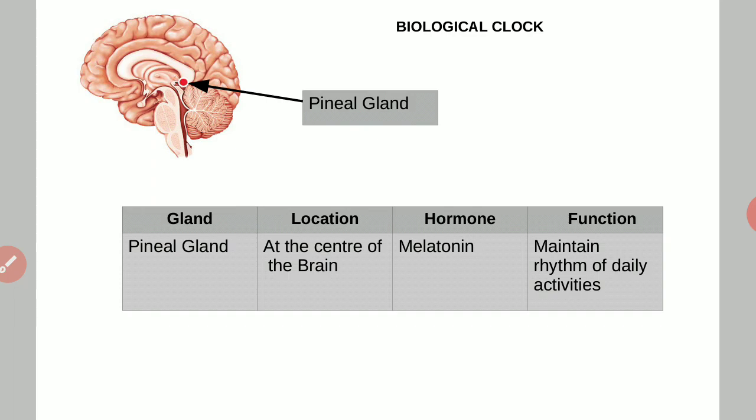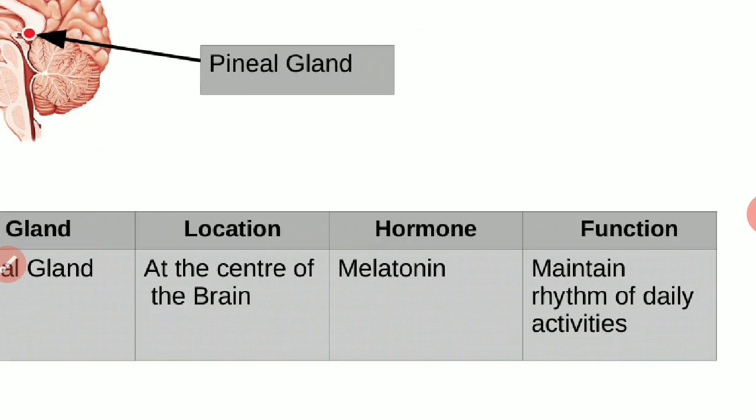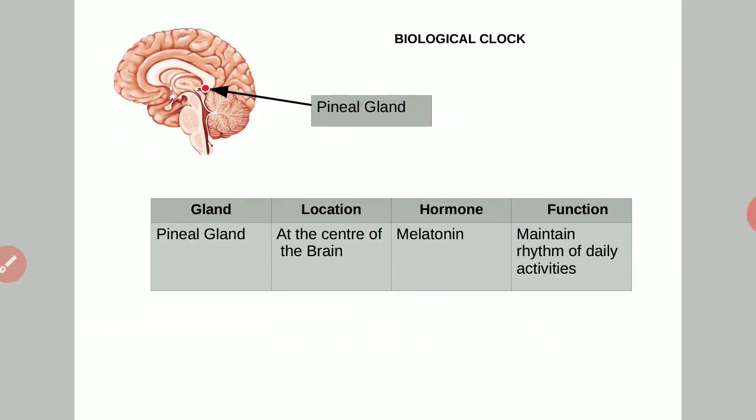The production of melatonin is normally high at night and low during the day. That is why we get proper sleep. When there is more melatonin, we will get proper sleep.